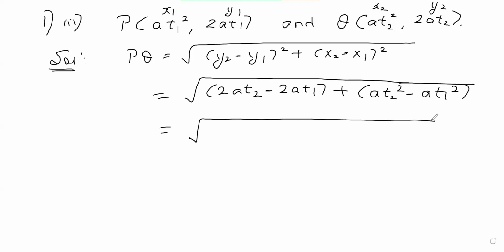So if I work this out forward, I can take 2a common here, so I get t2 minus t1, plus I can take a common here, so I get t2 square minus t1 square.